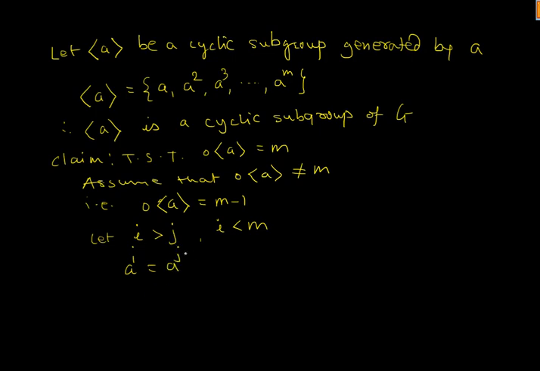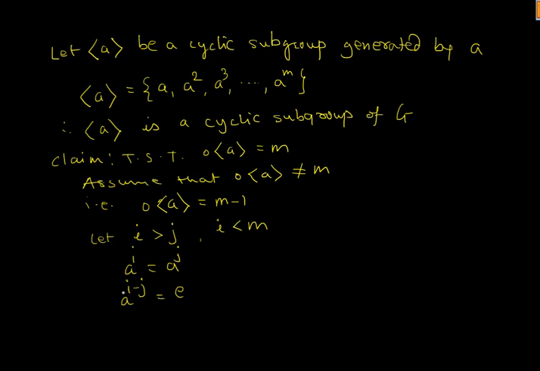Right, this is the element of G. G is a group, therefore the inverse of a to the power j must exist in G, and we take that inverse and operate on both sides, we will get a to the power i minus j is equal to the identity, since an element and its inverse give the identity. All right.